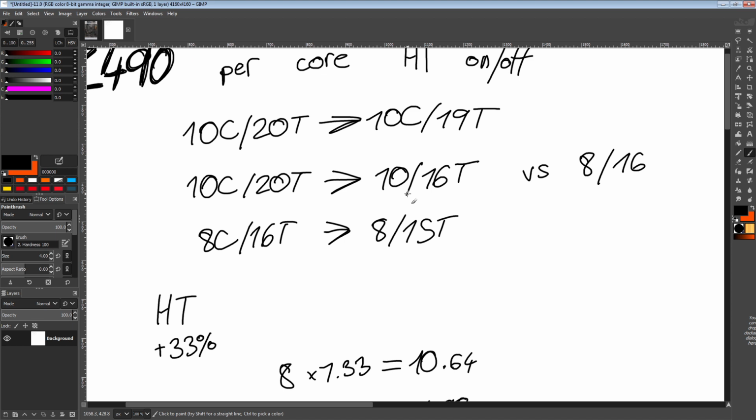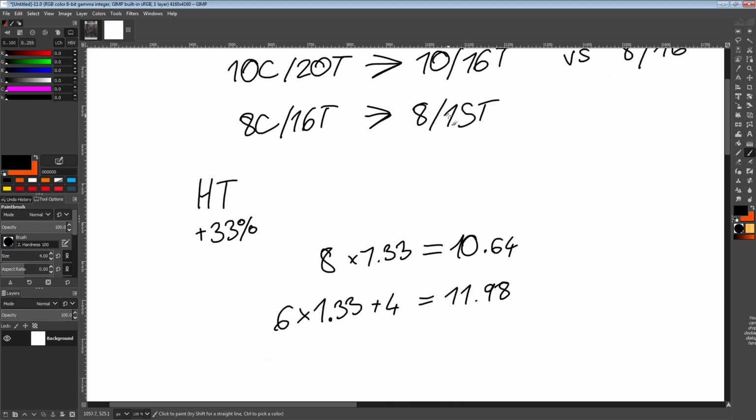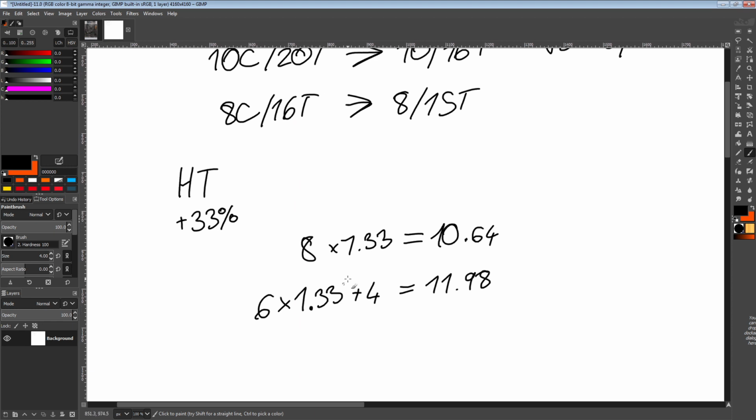Very much theoretical, and I'm not sure how good Vantage is at dealing with a weird core-thread setup like this. But if the software itself doesn't have a problem with it, it should behave like this, and you just pick up about 12.6% at the same frequency. So if both CPUs are at 5 gigahertz, this one will be 12% faster, which I think is really cool.